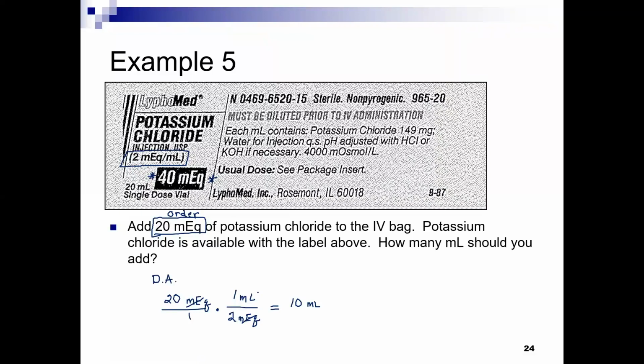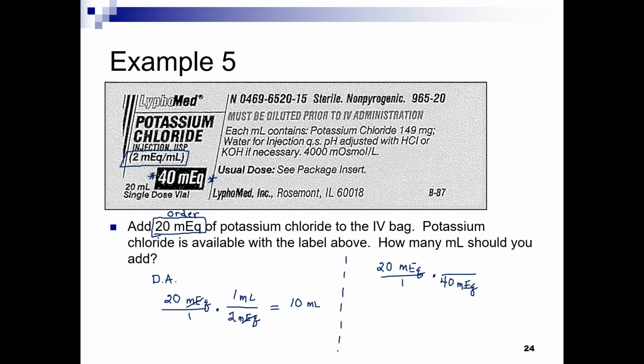Now, just to point out to you that you could have made the problem work using that 40 milliequivalents that caught our eye. So if I start with the order of 20 milliequivalents over 1, and the 40 milliequivalents catches my eye, I put it in the denominator. The 40 milliequivalents is the total amount in the container.